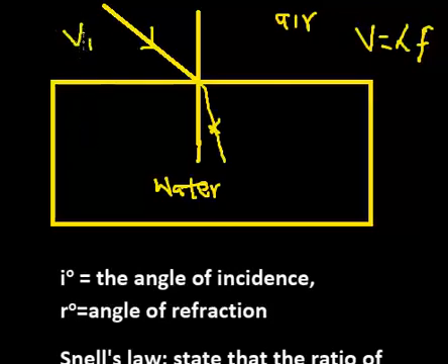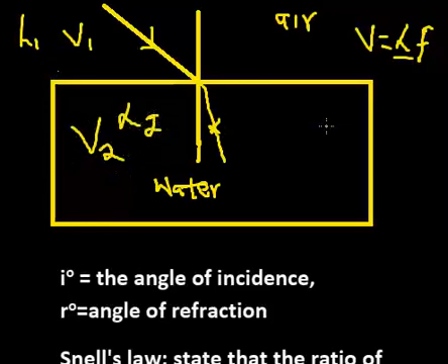Let's say the velocity in air is v1, and in the medium it will be v2. The wavelength will also change. Let's say the wavelength in air is lambda 1, and the wavelength in the medium is lambda 2. But there's something that will never change, please take note of that: the frequency. The frequency of a wave remains the same irrespective of the medium it is passing through. So please take note of that.